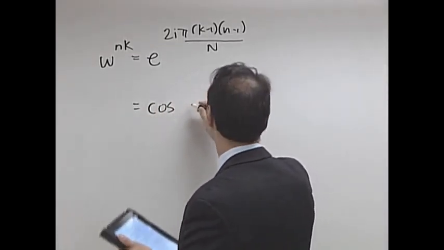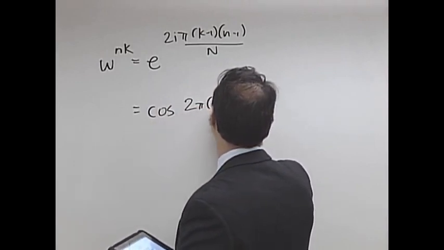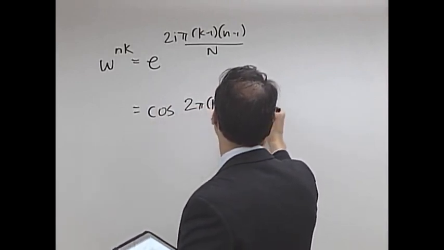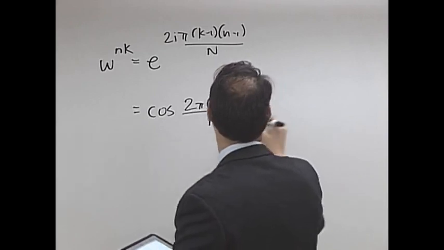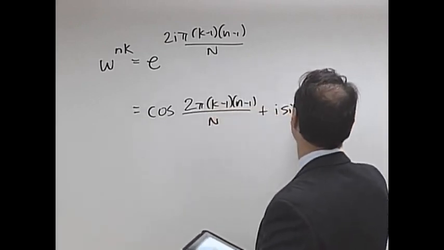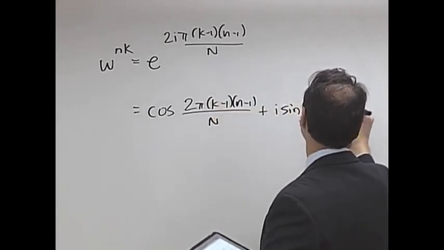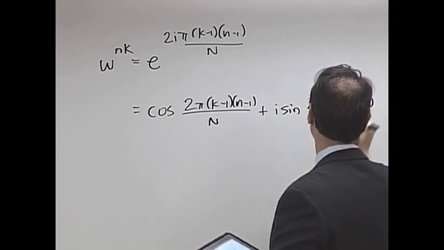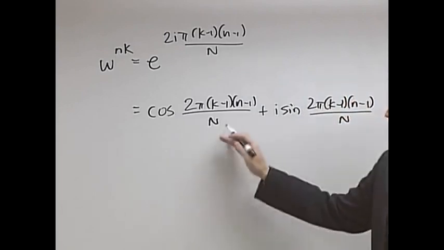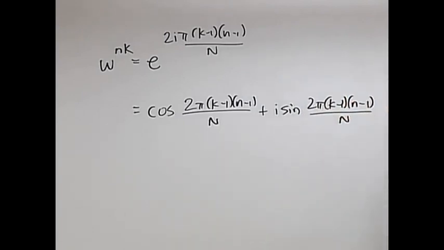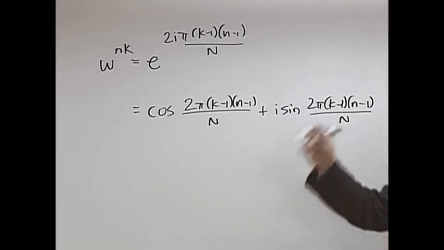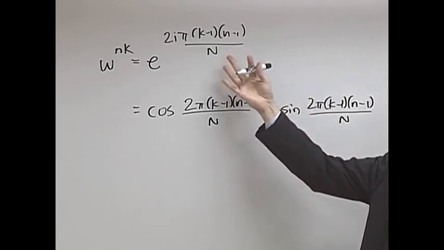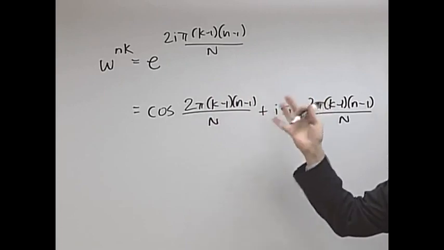This is going to be equal to cosine of 2 pi (k minus 1)(n minus 1) over n plus i sine 2 pi (k minus 1)(n minus 1) over n. Cosines and sines. So this will be important because the Fourier transform uses a complex kernel, an e to the i, which is some collection of sines and cosines.